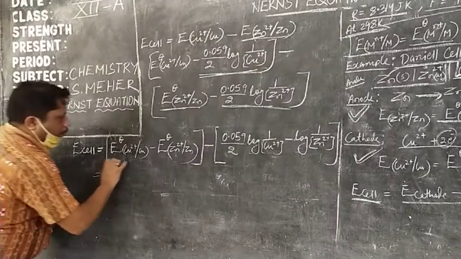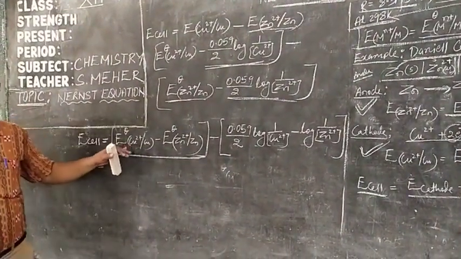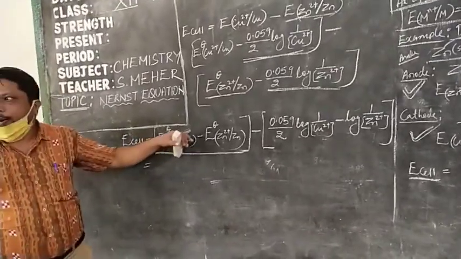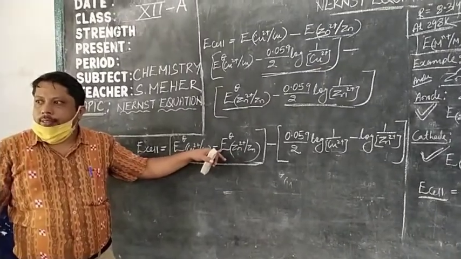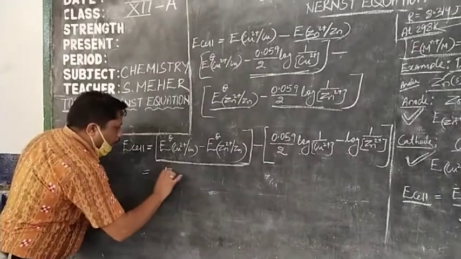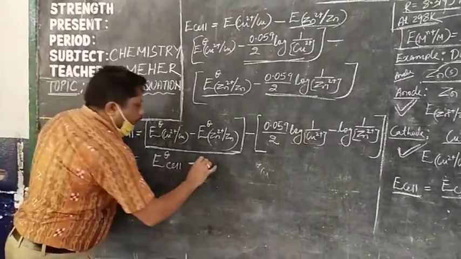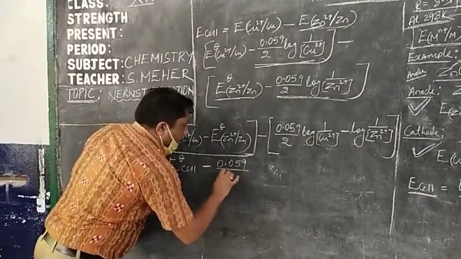Equal to, in place of this what can you write? Anyone who can say? Ipsita, tell me what is this? E naught cathode minus E naught anode. Can we write E naught cell? Yes. In place of this you can write E naught cell minus 0.059 by 2.